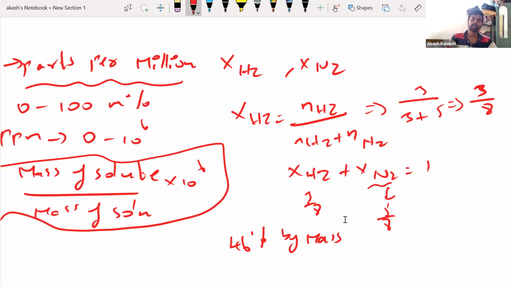You have to calculate the mole fraction of ethanol, that is C2H5OH, and also calculate the mole fraction of water. Obviously, if it's an aqueous solution, we know the solvent is water. Even if they don't tell you anything about the solvent, by default it is water. They have given that the solution is 46% by mass, and I want you to calculate the mole fraction of ethanol and the mole fraction of water.